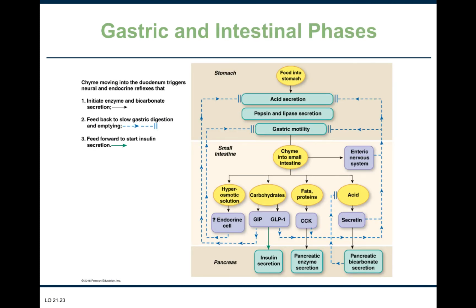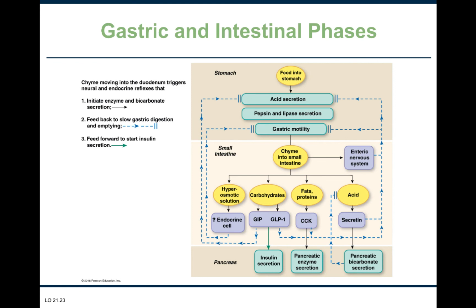All right, so we've covered the gastric phase, with lots of details on the intestinal phase. This is really just an overview of how these 2 phases interact and how they work cooperatively in order to promote proper digestion and absorption.